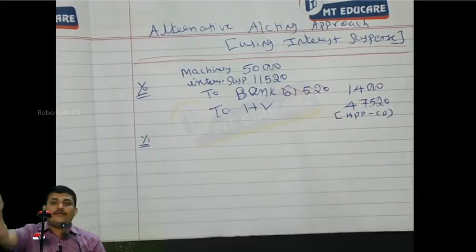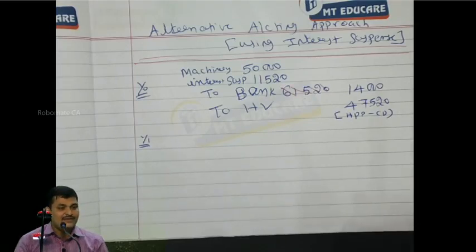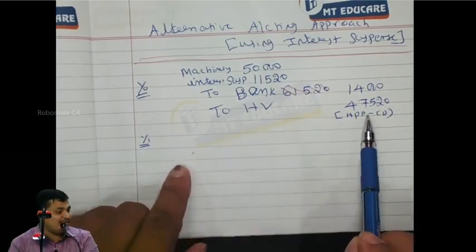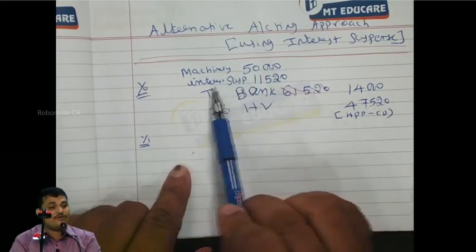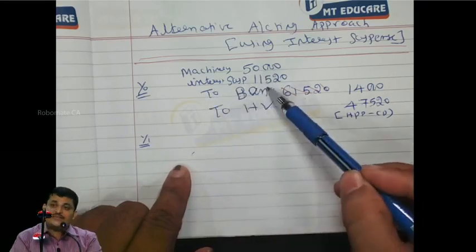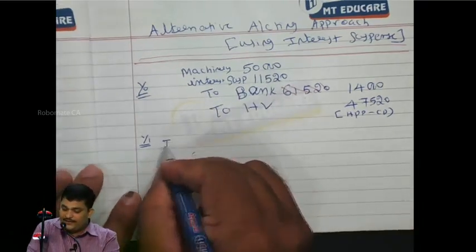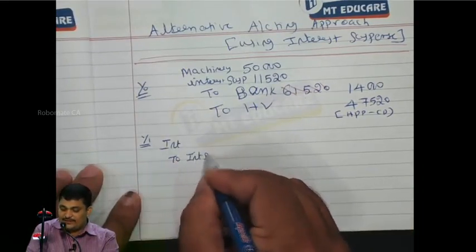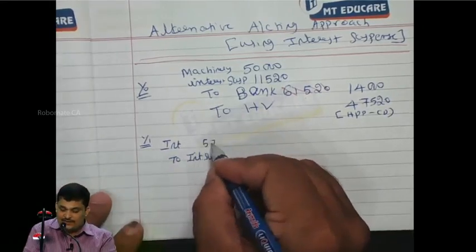So when you repay the installment, simply make the entry hire vendor to bank. So when you book the interest, liability will not increase further. Correct? Interest is already booked in an account called interest suspense. Now from that interest suspense, transfer to interest. Entry will be interest debit to interest suspense. What was the interest? 5760.